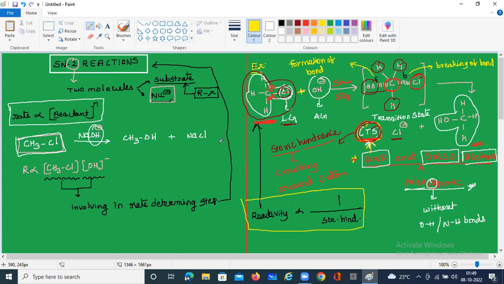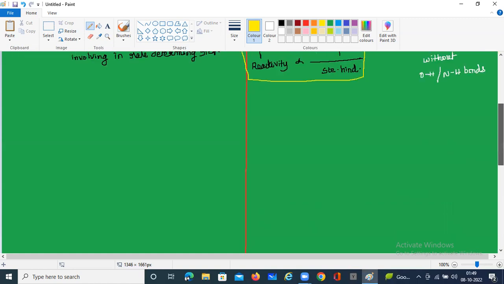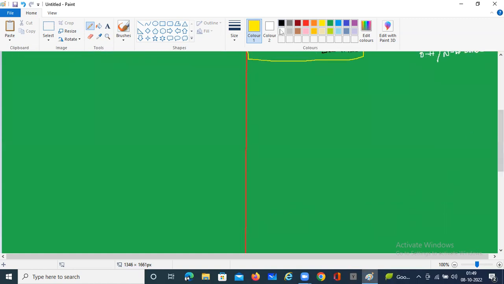Okay? So here, the reactivity of the different alkyl halides, simply RX. So the reactivity of what? The different alkyl halides in SN2 reaction; there is one order. So let us see that order. Very, very important one.